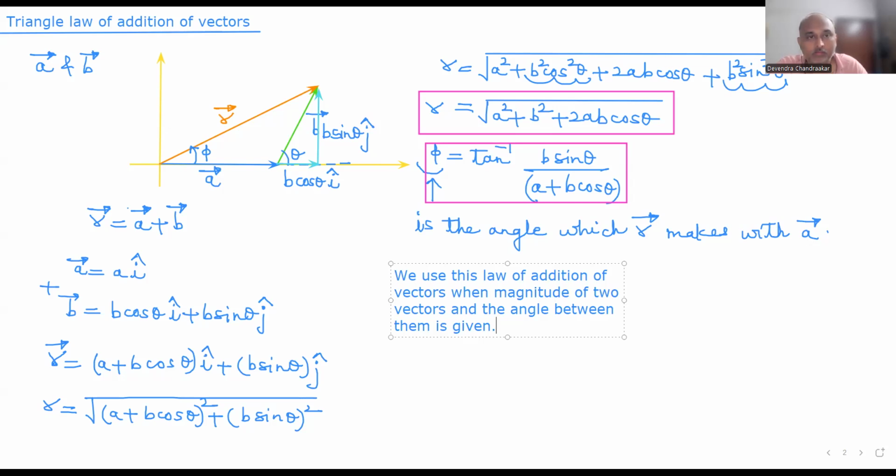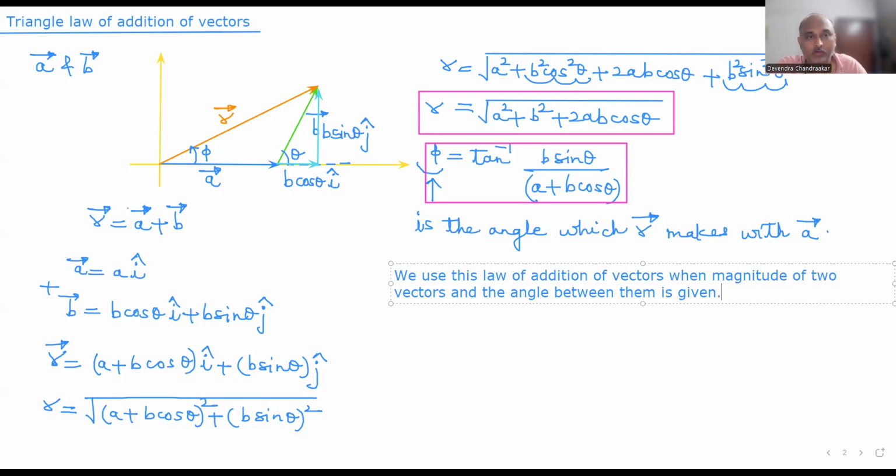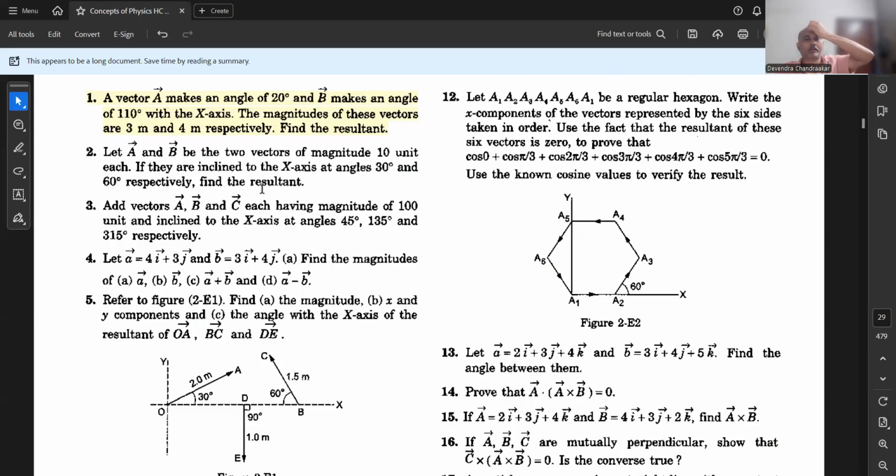So please remember this. Now solve this. Do it quickly. Once you have solved it, type the answer in the comment window. Okay?